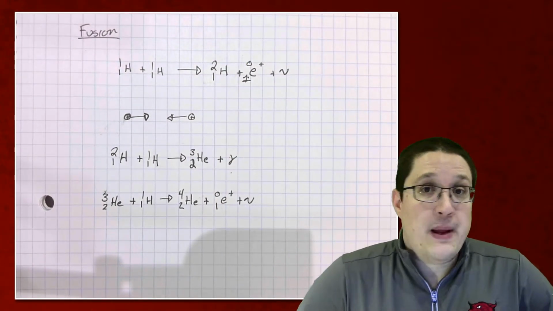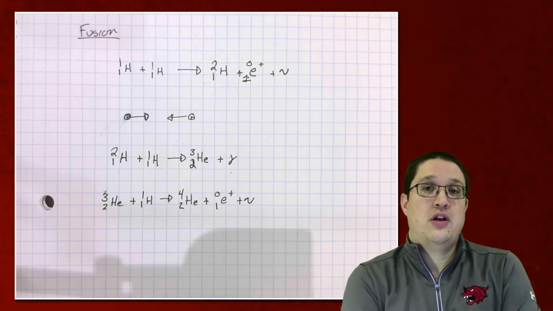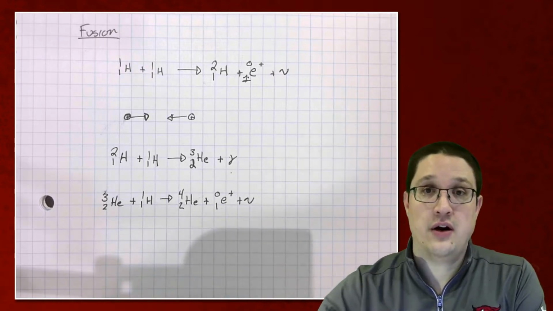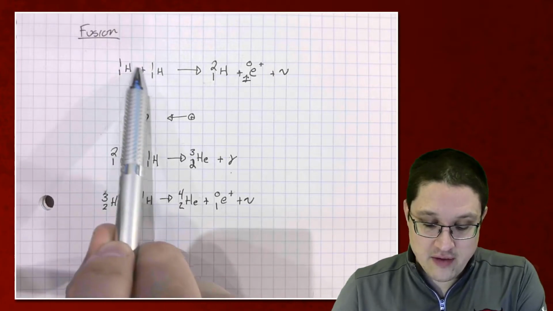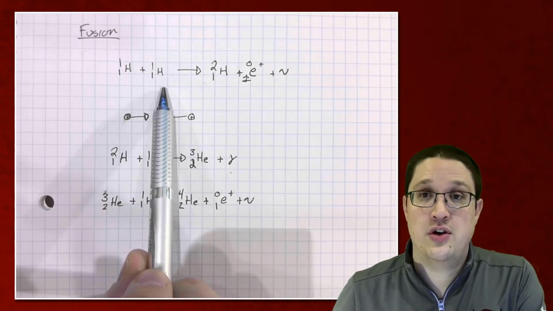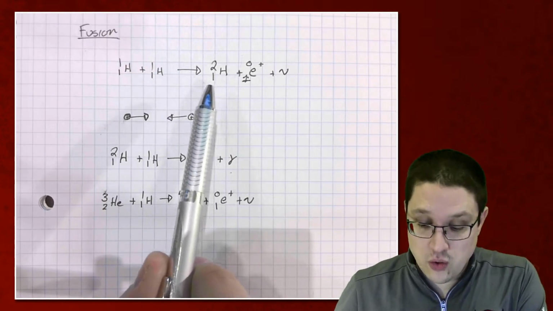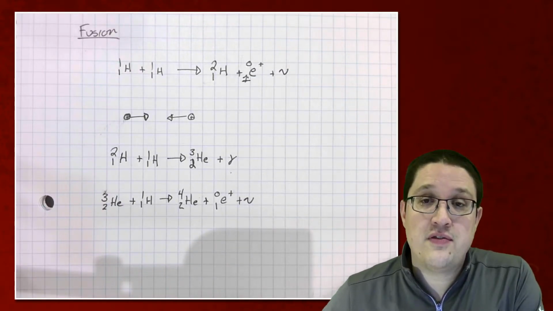The most basic fusion reaction is when we take two hydrogen nuclei and combine them to create deuterium. So in this first reaction, I have a hydrogen nucleus colliding with another hydrogen nucleus, which creates deuterium, or hydrogen-2, plus a positron and a neutrino. This is the first step.